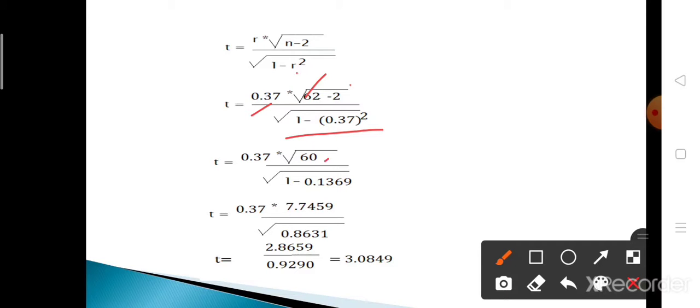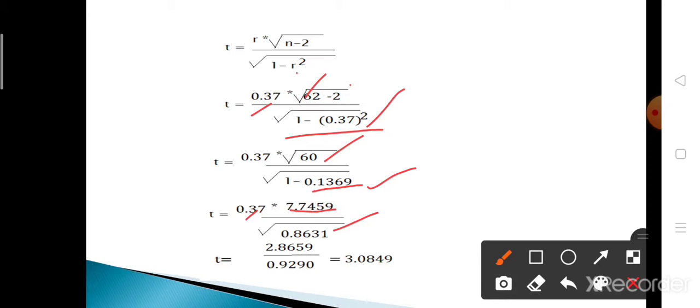62 minus 2 is 60. So the square root of 60 is 7.7459, and for the square root of 1 minus r square, 0.37 square is 0.1369. So 1 minus 0.1369 is 0.8631.